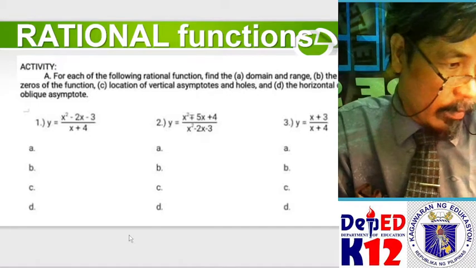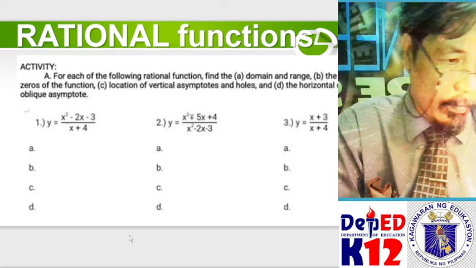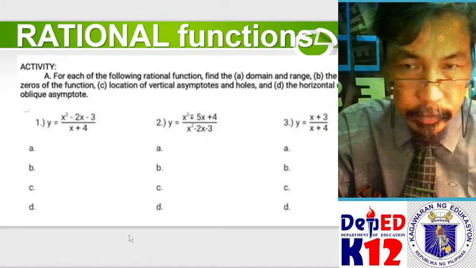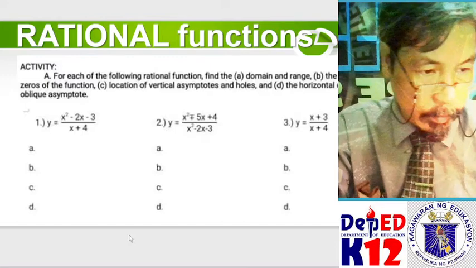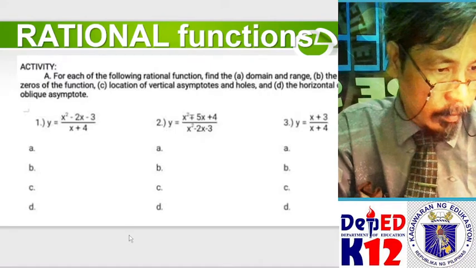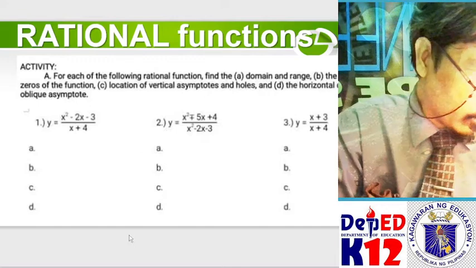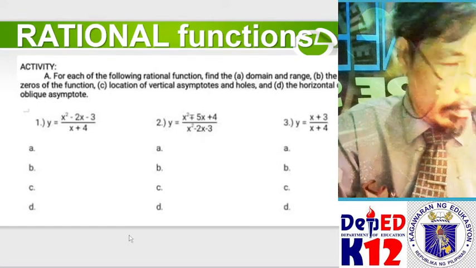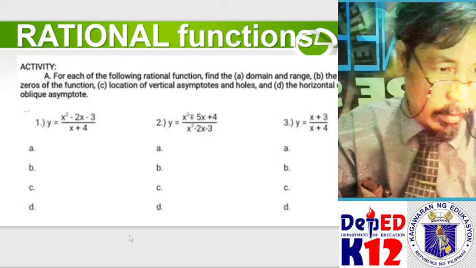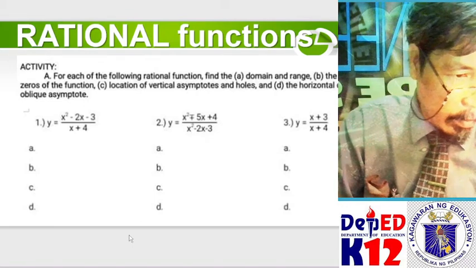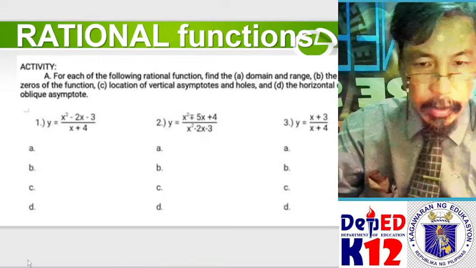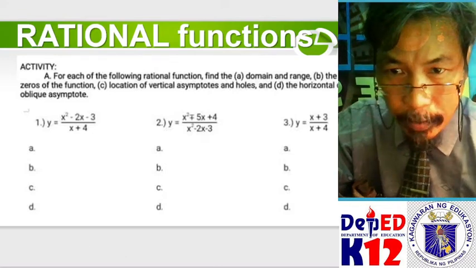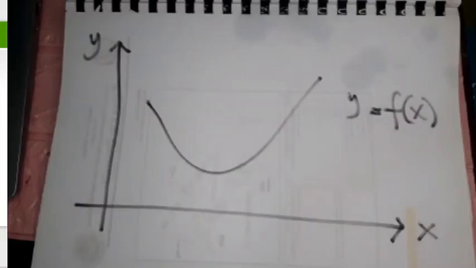Imagine, for example, we have the following graph.